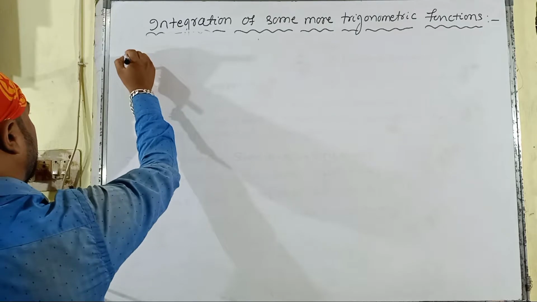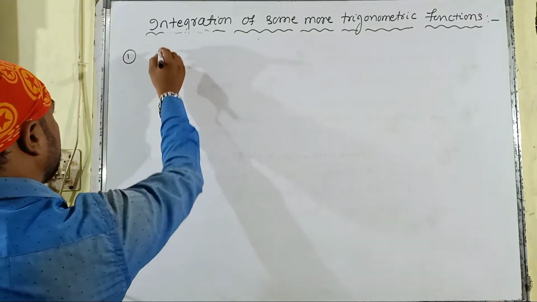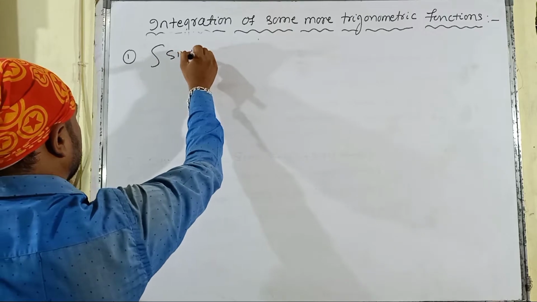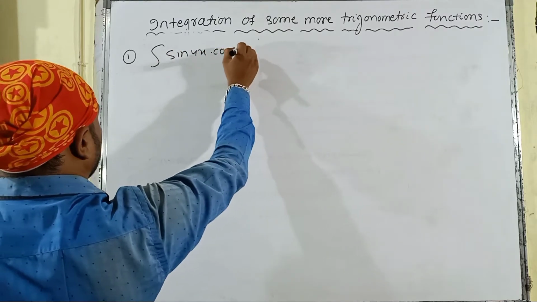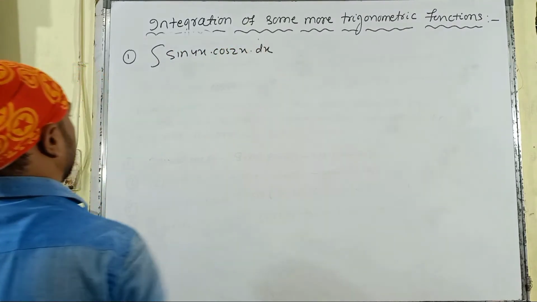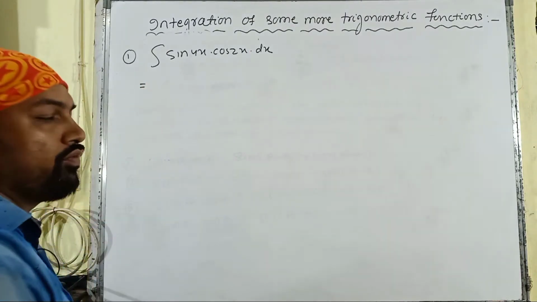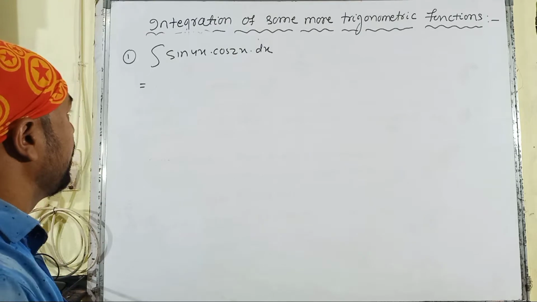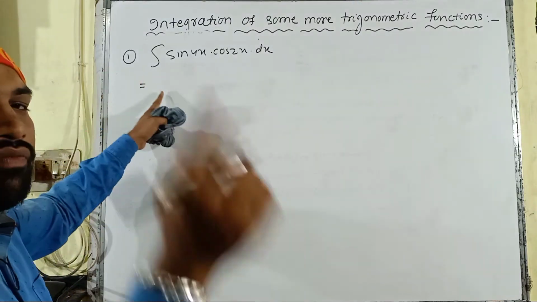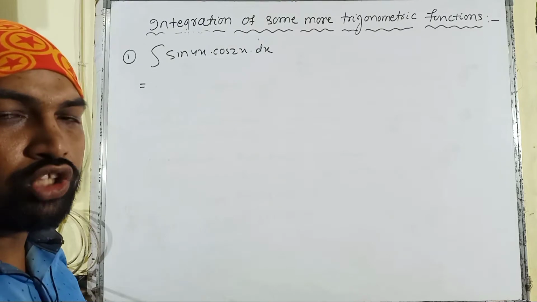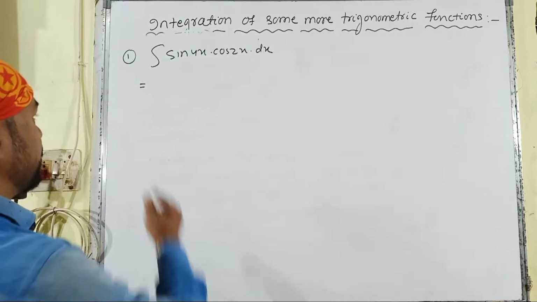The first problem is integral of sin 4x cos 2x dx. According to the procedure, first of all we divide by 2 outside of the integral, and then multiply by 2 inside of the integral, and then we use the appropriate trigonometric identities.